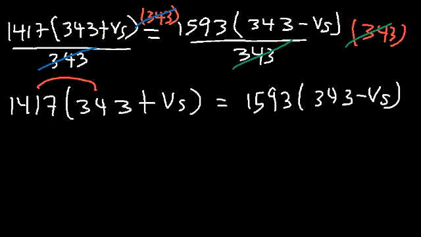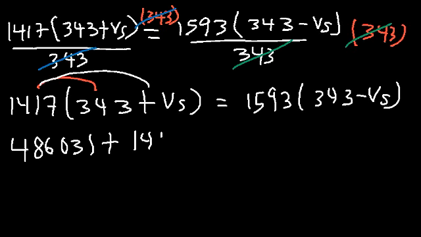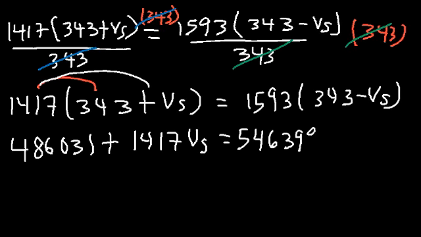So 1417 times 343 is 486,031. And then we have plus 1417 Vs. That's equal to 1593 times 343, which is 546,399 minus 1593 Vs.